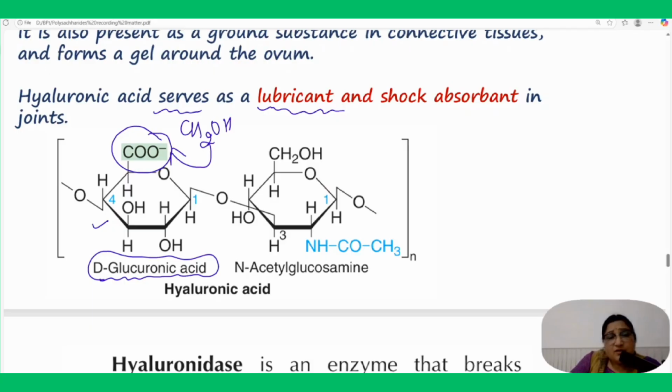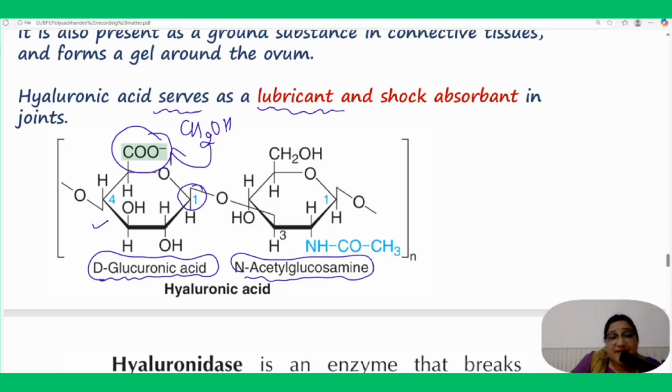When it becomes the glucuronic acid, then of course at the anomeric carbon atom, somewhere here, okay, this is the anomeric carbon atom, and it forms the glycosidic linkage with the third carbon atom of the N-acetyl glucosamine.